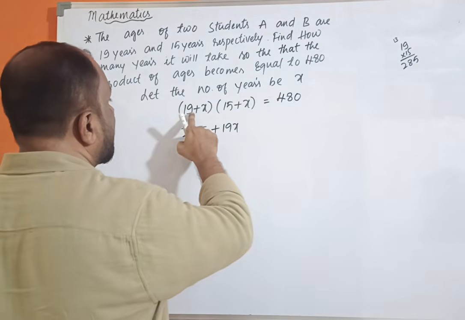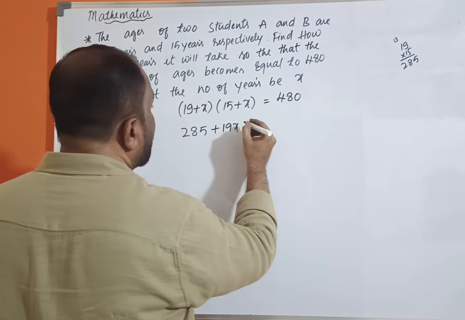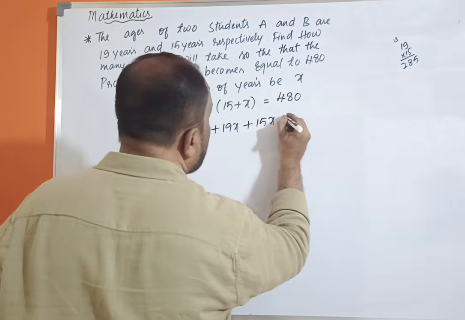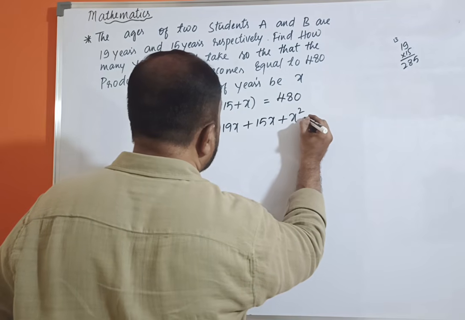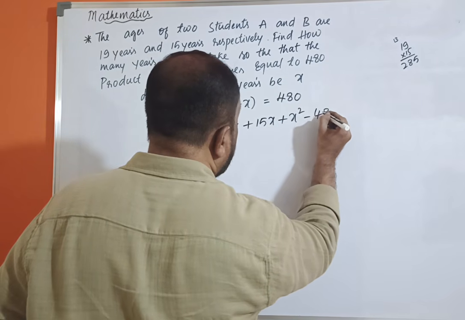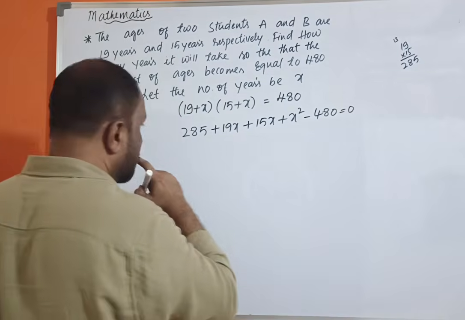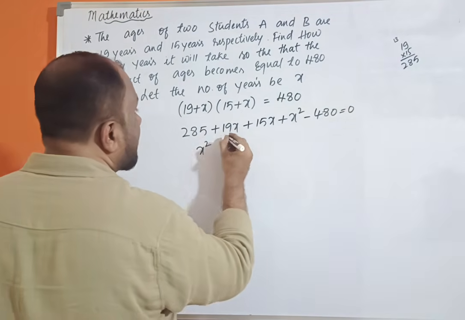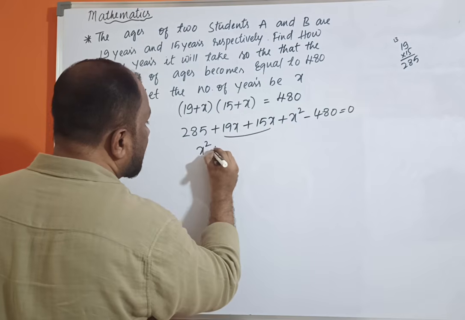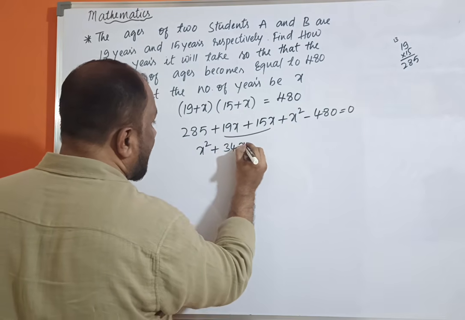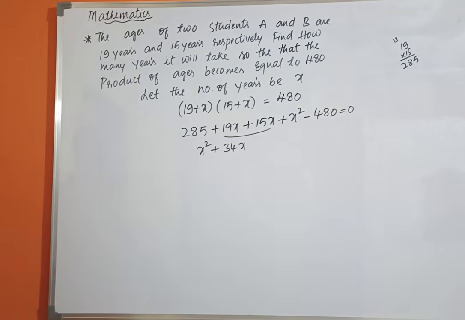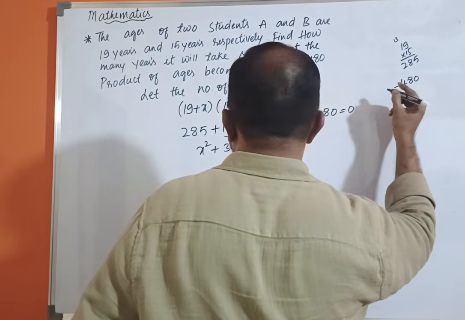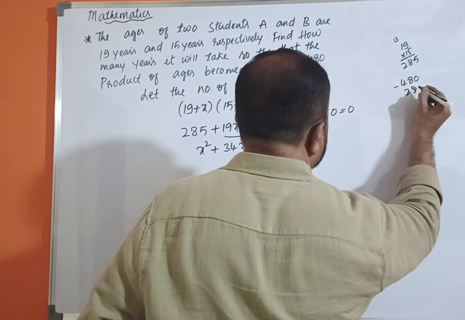Then x into 15, 15x, x into x, x square, minus 480, transpose 480. Now, x square, write it in order. Then 19 plus 15 is 34x. Then minus 480, subtract 285 positive.